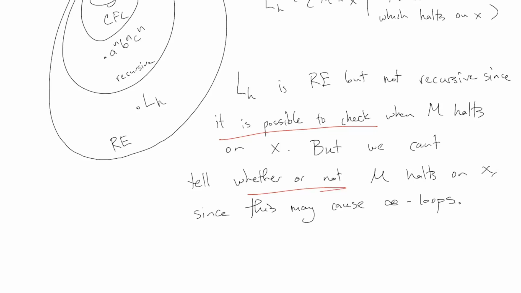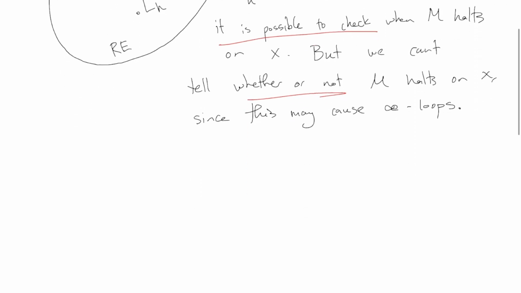All right. And that's what being in this category over here, RE but not recursive, means: these are languages where you can't tell whether or not a string is in that language. But if somebody shows you that it is, then you can verify that it is. All right? This is a little strange, but I'm going to write something like that.